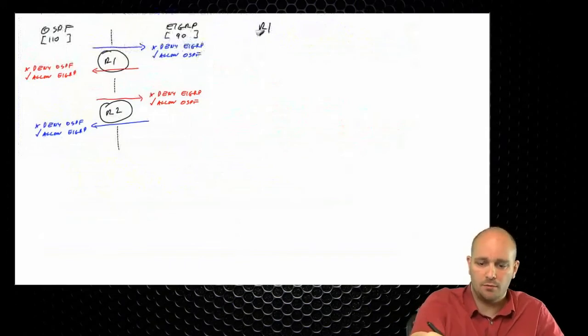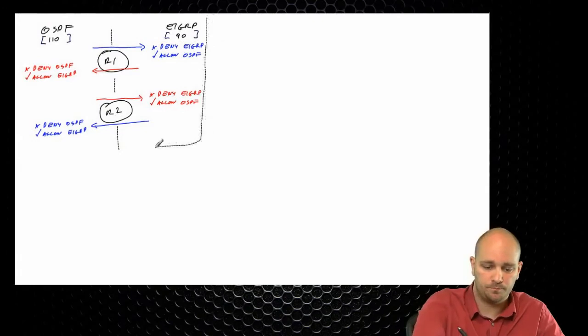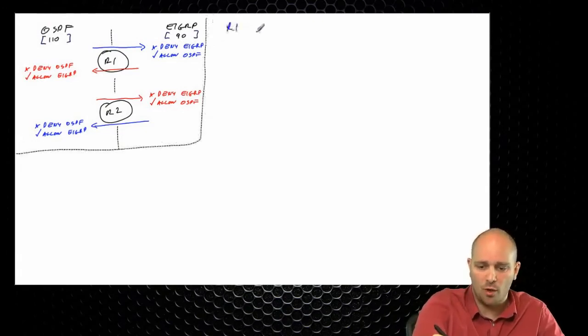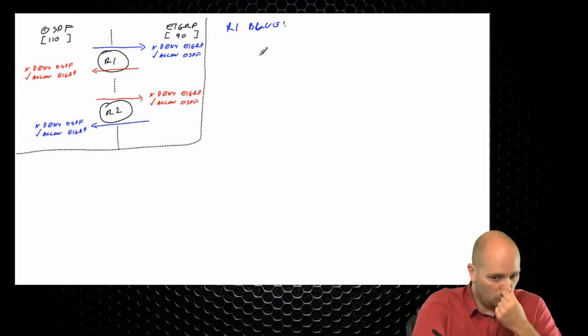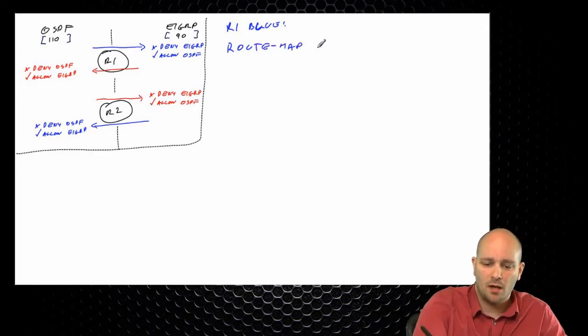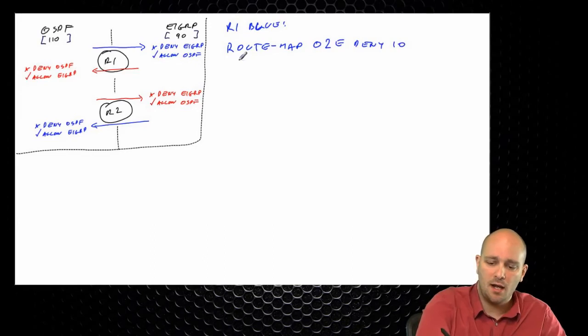So let me just do a little divider here. Let's do R1 blue configuration. So this is R1 blue. What I need to do here is create a route map. Let's say this is going to be OSPF to EIGRP deny 10, and I'm going to say here match tag.